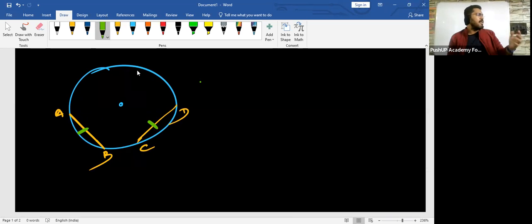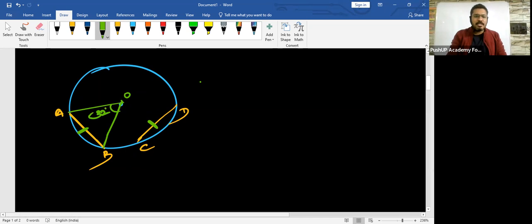That is, AB is equal to 10 centimeter, then CD is also equal to 10 centimeter. Just assume. In that case, imagine chord AB subtends an angle at the center equal to 32 degrees. Then chord CD will also be subtending how much at the center? 32 degrees.